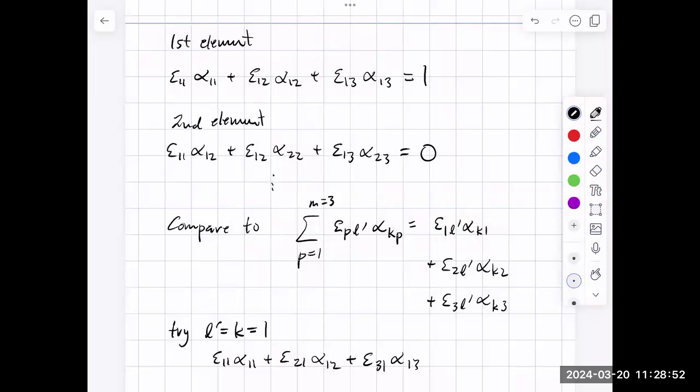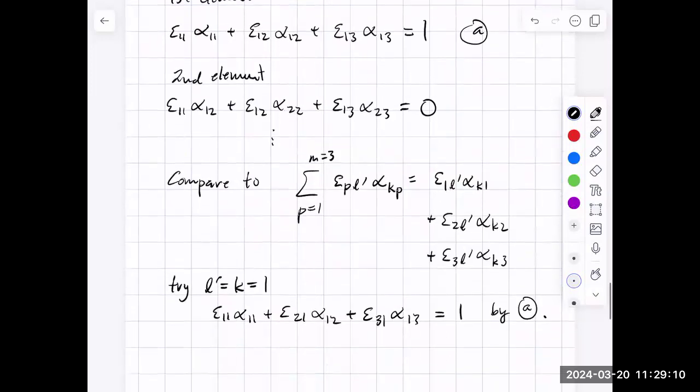Some of these indices are in different orders, but remember, these are symmetric matrices. So let's call the first equation A, and by equation A, this has to be equal to 1.